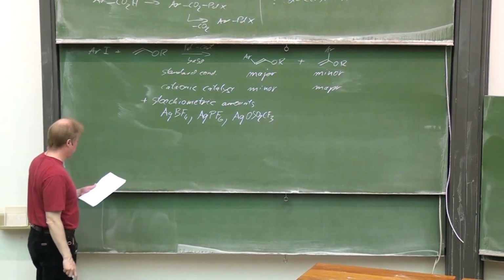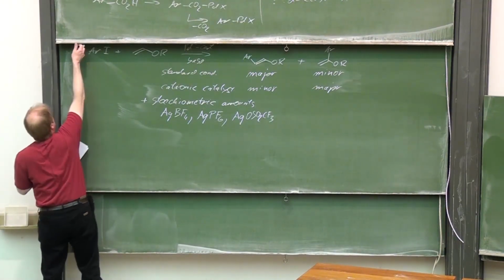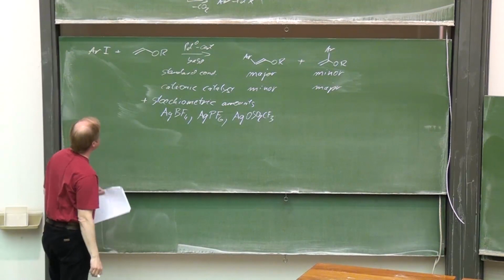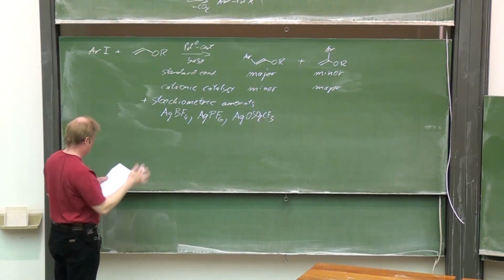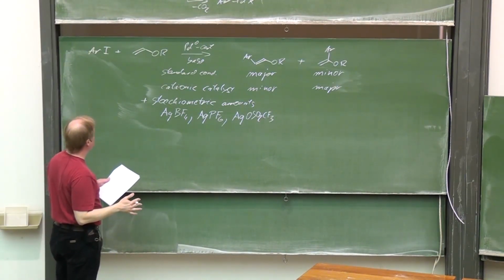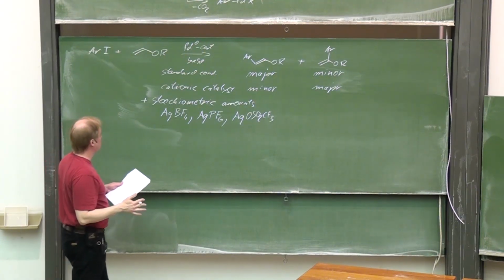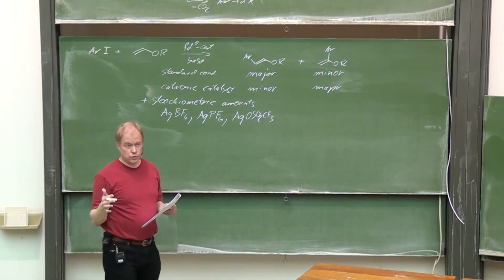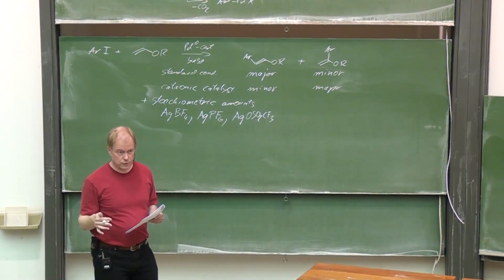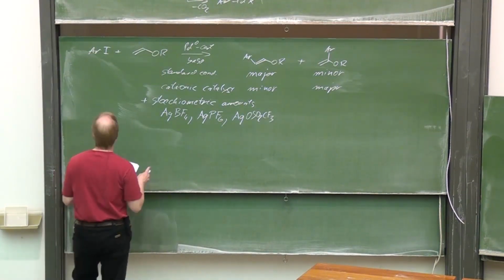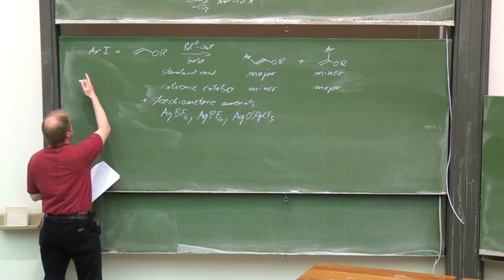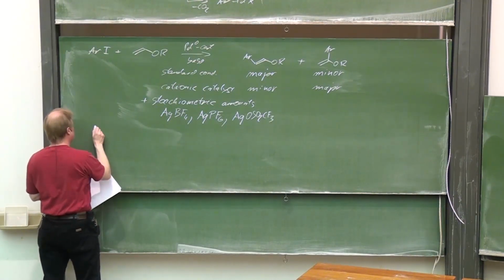What will happen then? The palladium 0 catalyst, let us assume that it is carrying two ligands, for instance two triphenylphosphines, will undergo the oxidative addition reaction.